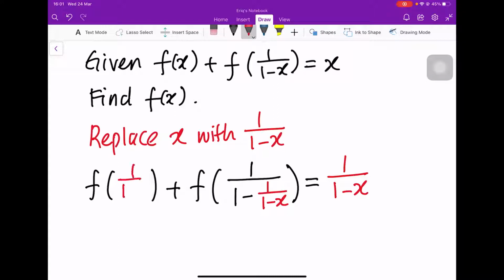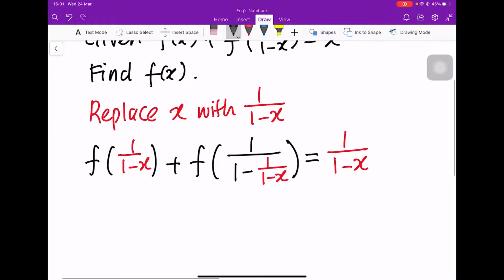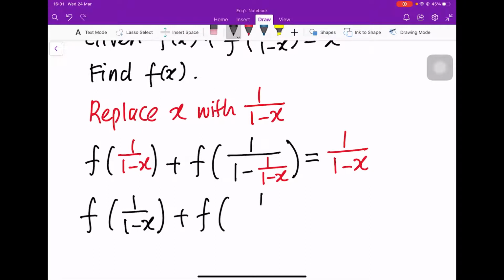Then it's not nice to write your fraction like this, so we just go ahead and simplify it. 1 minus x plus f of, we combine the fraction, minus 1 over 1 minus x.